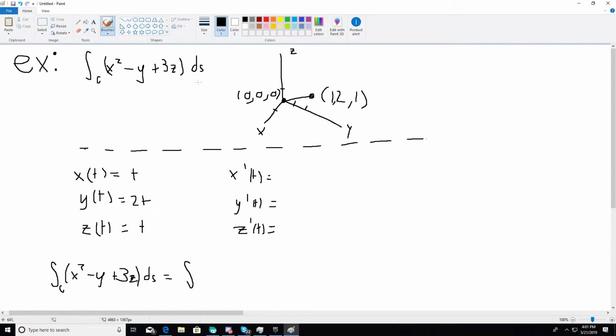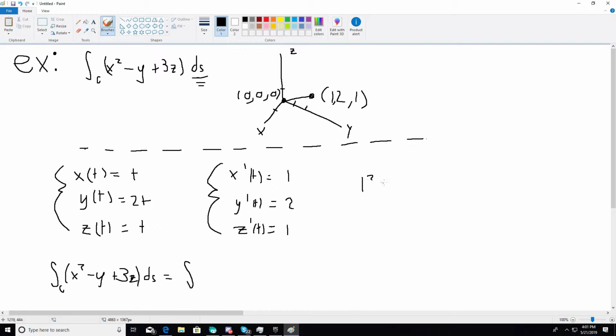And now in order to substitute for this ds term up here, we need to be able to find the magnitude of r prime, where these three functions right here make up r. So we'll take the derivative. It's 1, 2, and 1. And we find the magnitude of this.